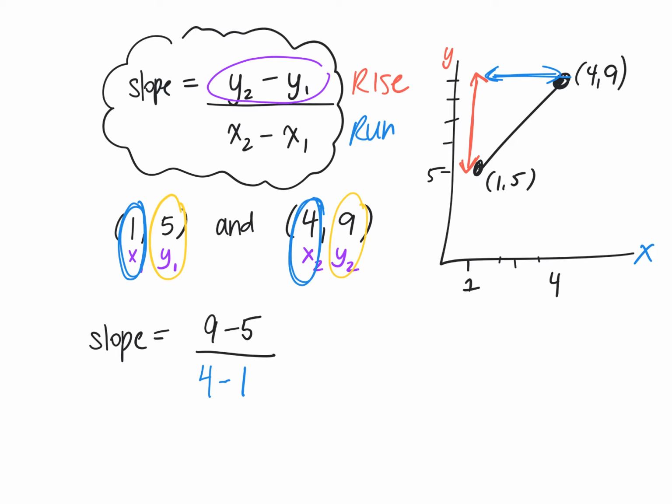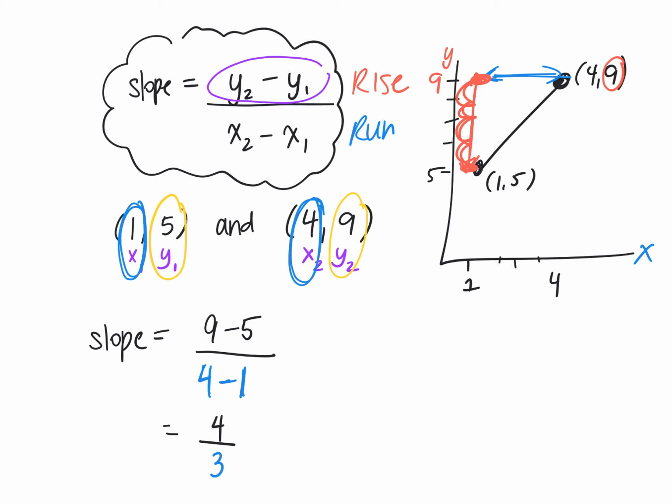Think about it. We're doing 9 minus 5. What's 9 take away 5? 4. Does that make sense? This has a difference of 4. Went up by 4. 1, 2, 3, 4. And then it's 4 over, what's 4 take away 1? 3.